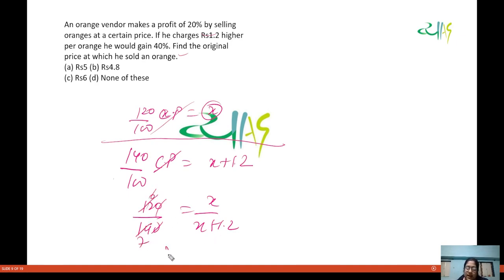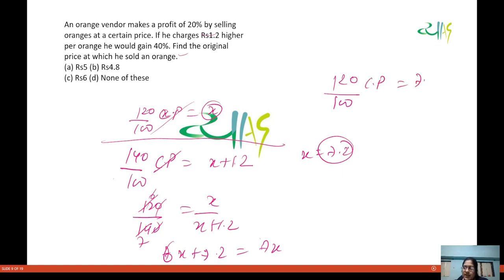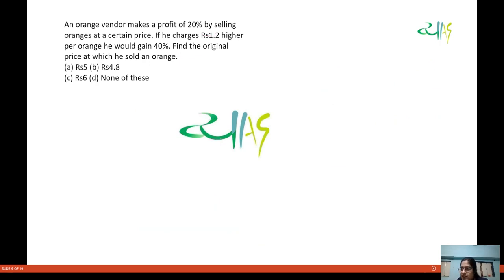This is 6 by 7, and this becomes 6x plus 7.2 is equal to 7x. So x becomes 7.2. If I put 120 and this is equal to x, that is 7.2, this will get cancelled. This is 6 two times, and this is 6 1.2 times, and this is 5, so the cost price comes to be 6 rupees. I don't know where they sell such cheap oranges, but it's okay.